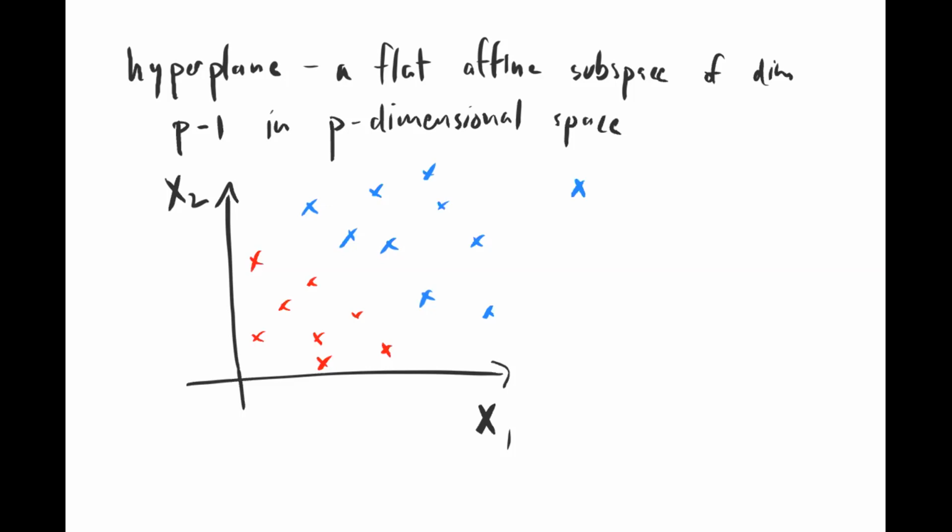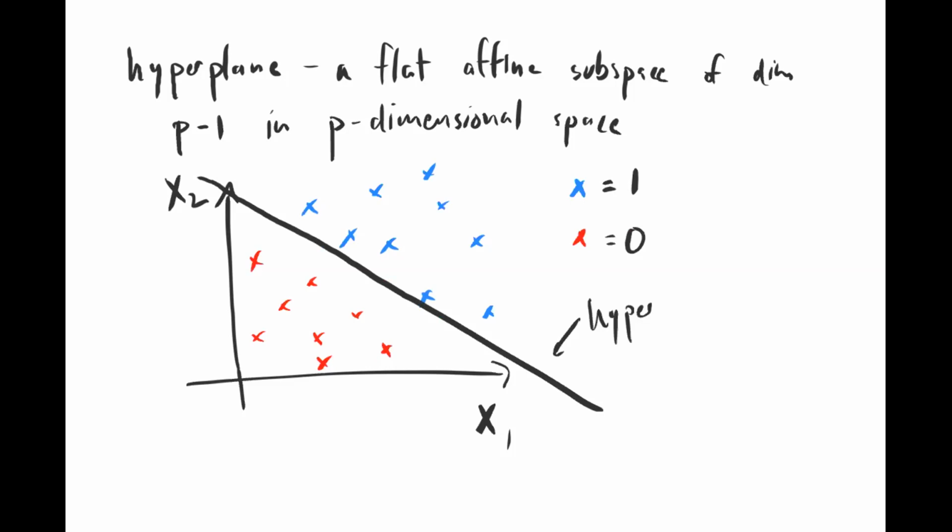So you've got this, and that might be equal to 1, equal to 0. So the hyperplane, this is a hyperplane in 2 dimensions.